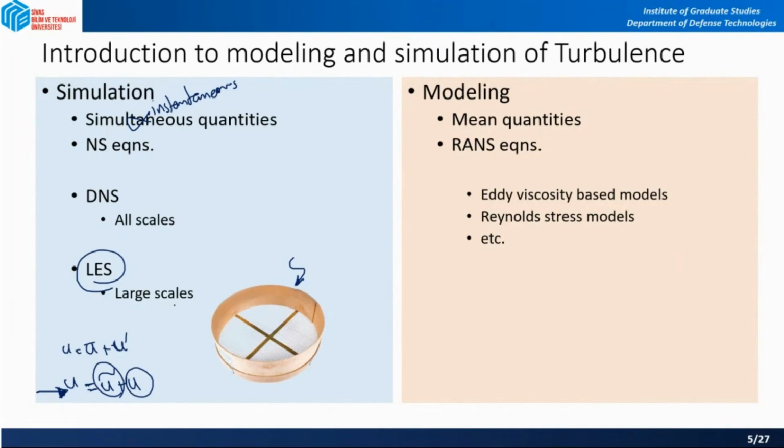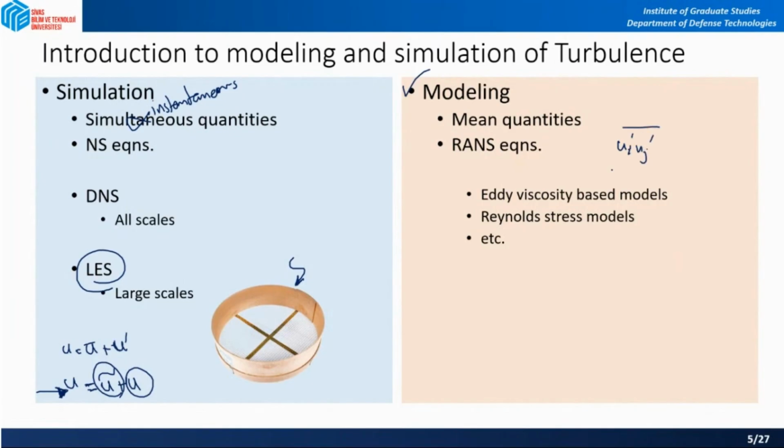On the other hand, we have the modeling here, and we said that it solves for only mean or average quantities, not the instantaneous quantities. So you can obtain the solutions with RANS equations, the Reynolds-averaged Navier-Stokes equations. In order to solve these, you need to model what we call Reynolds stresses, those u_i' u_j' bars.